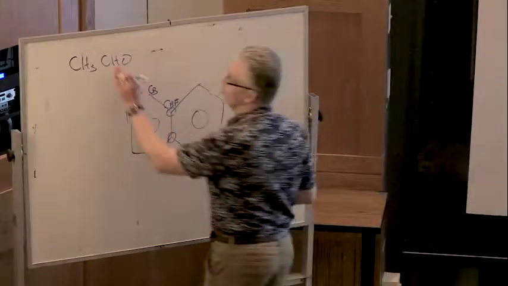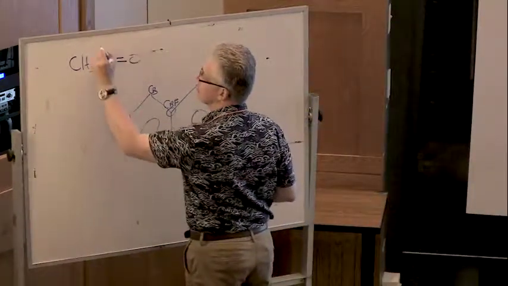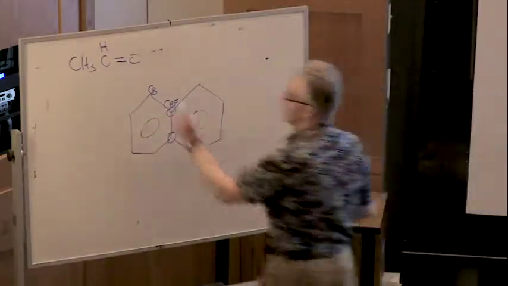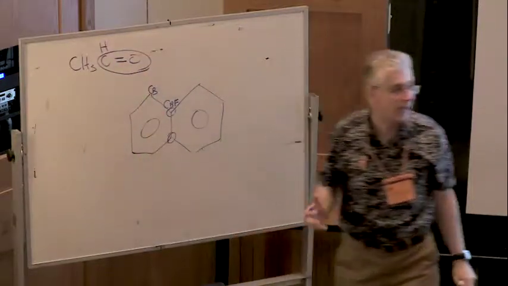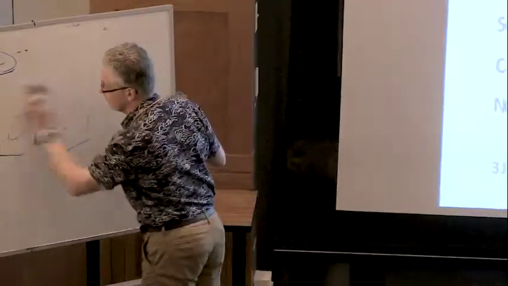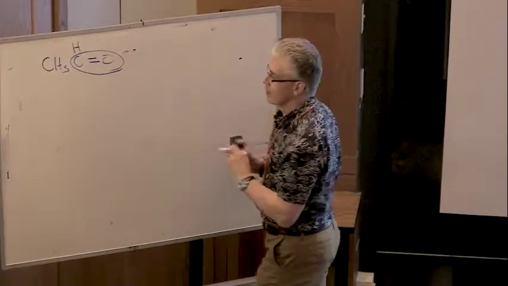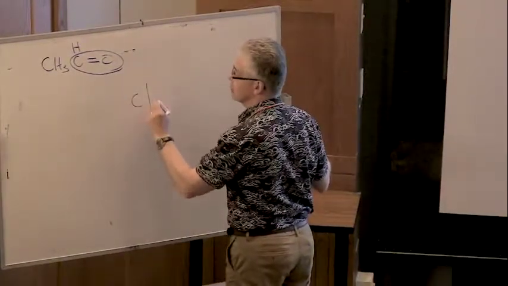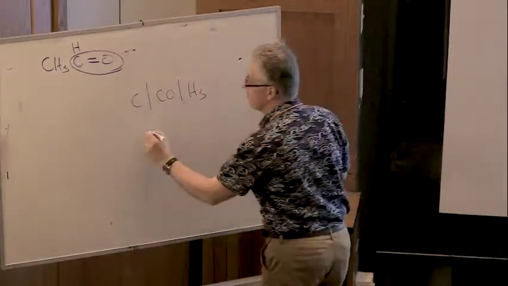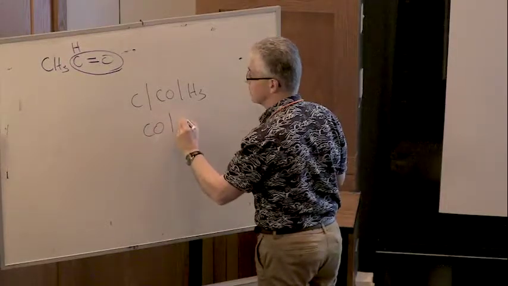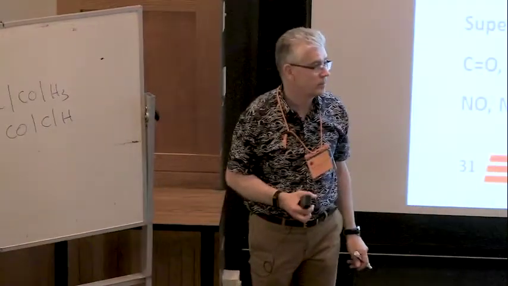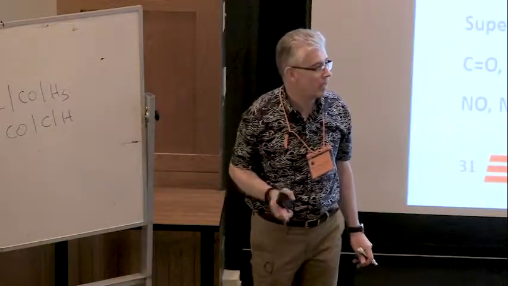So what we do is we treat this as a super atom. So we have C bonded to CO bonded to H3, and then CO bonded to C bonded to H. And that's how we describe acetaldehyde.